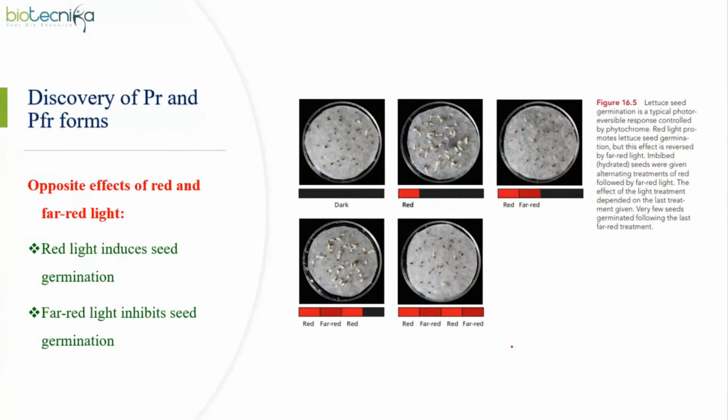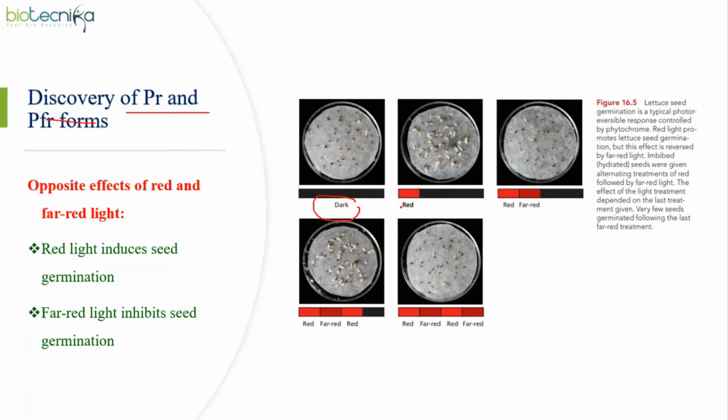So now coming to the experiment, why A, D, and E are correct. An experiment was carried out with seedlings in the presence of PR and PFR. What they found was that when the seeds were exposed to dark conditions, they were not germinating.